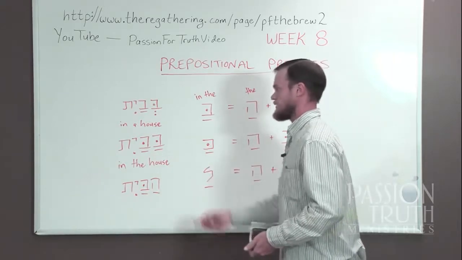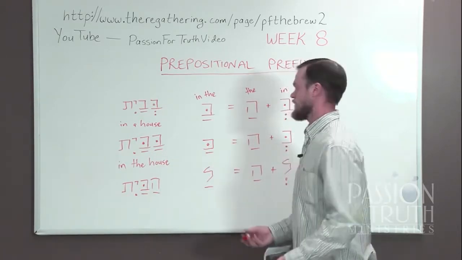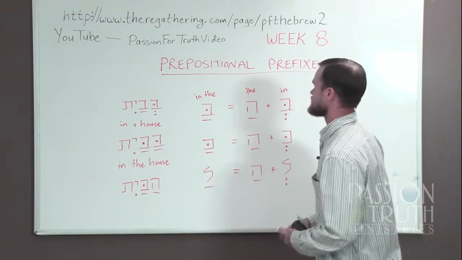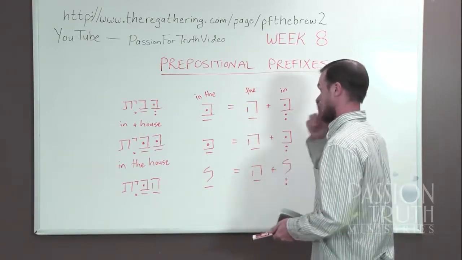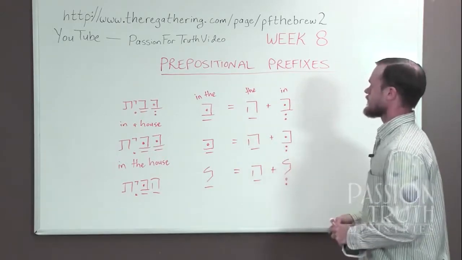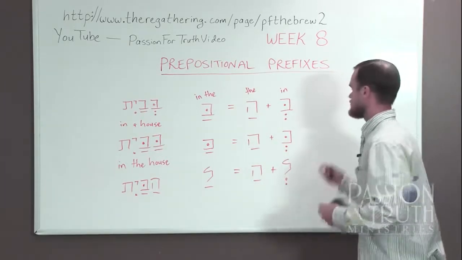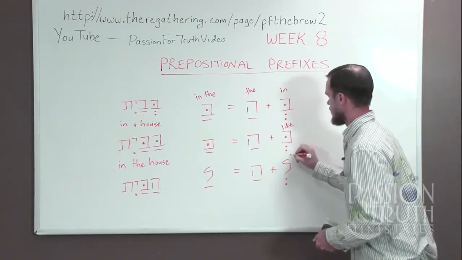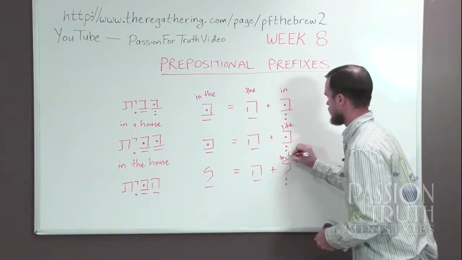Okay, so ka by it, like the house, la by it, to the house or for the house. Okay. Another important note. Kaf is like, and lamed is to or for.